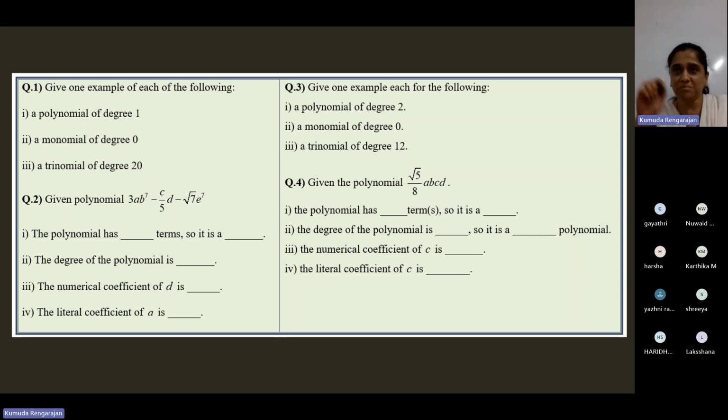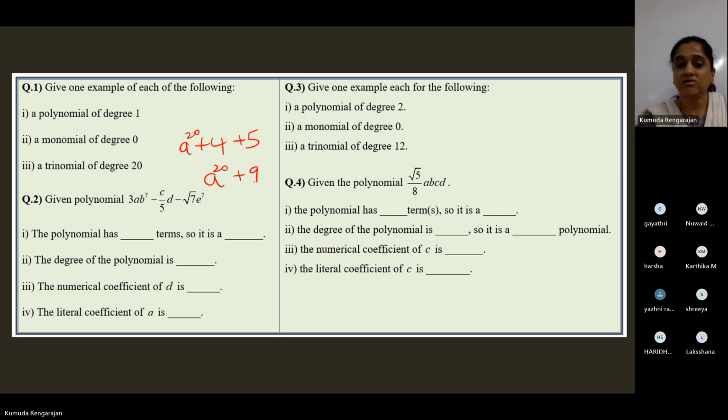Even after simplifying, it should be a trinomial. Like something a to the power 20 plus 4 plus 5. This can be simplified, right? So that simplifies to a to the power 20 plus 9. So after you simplify, it becomes a binomial. So your example is incorrect. Even after simplifying, it should be a trinomial.